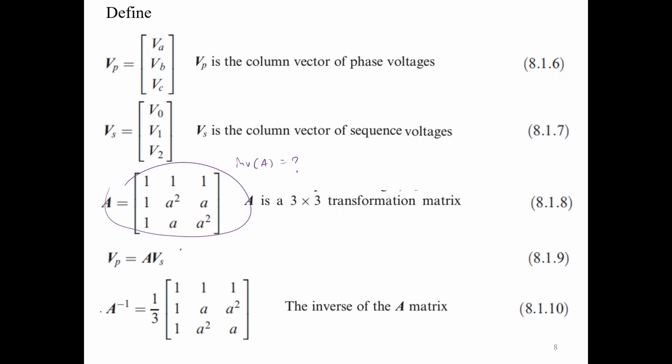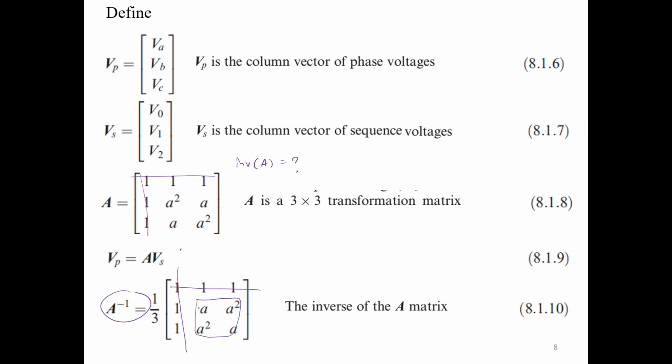You should compare between A and the A inverse. You see that the first row and the first column remain 1. The way to memorize this is the first row and the first column remain unchanged, which is 1 in this case. The change is just in the rest part.